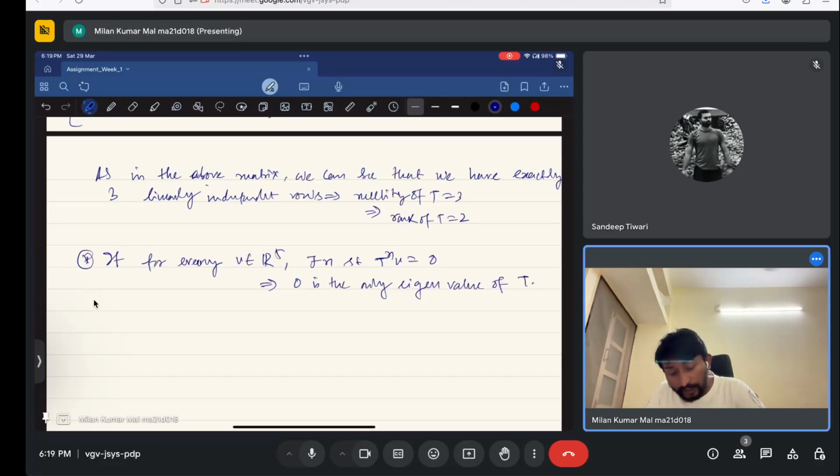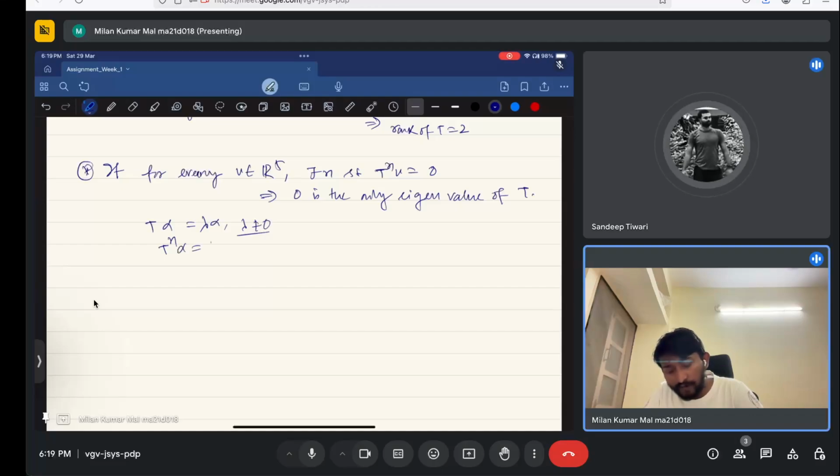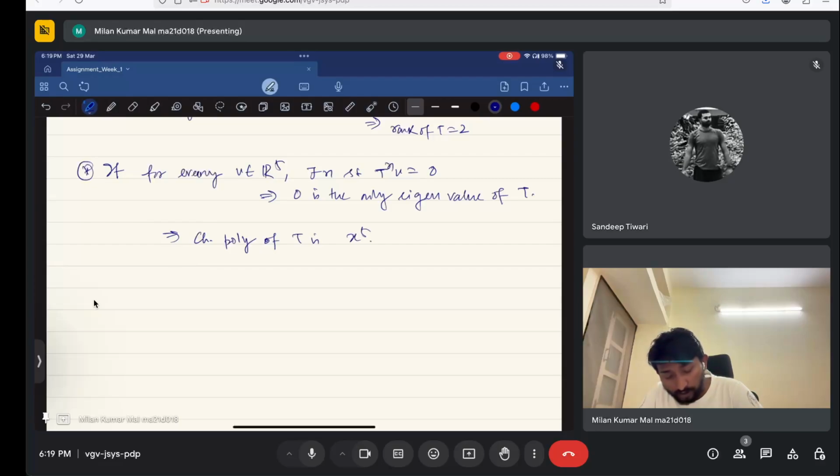Why? Because if there exists any other eigenvalue, for example, let's take v an eigenvector corresponding to some lambda, and lambda not equal to 0, then T to the power n v can never be zero. So that's why there is no other eigenvalue. So that implies the characteristic polynomial of T is x to the power 5.